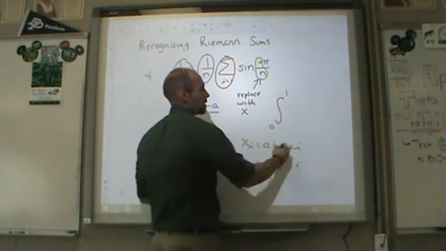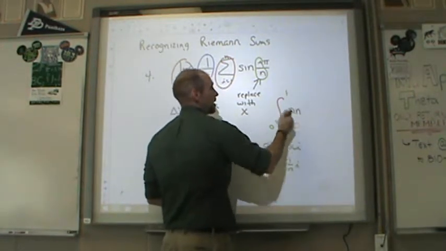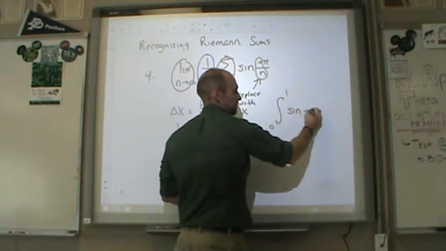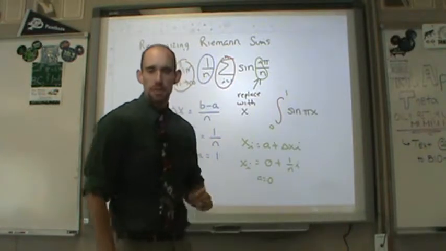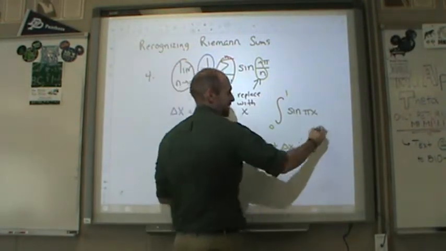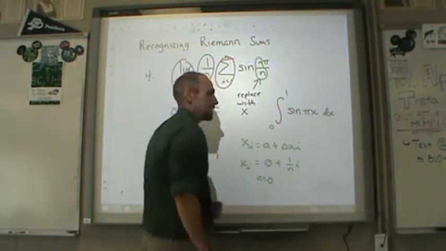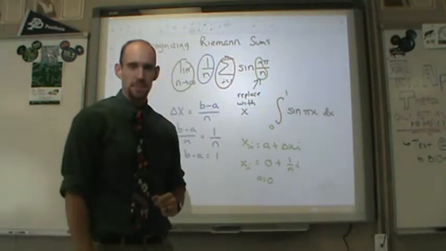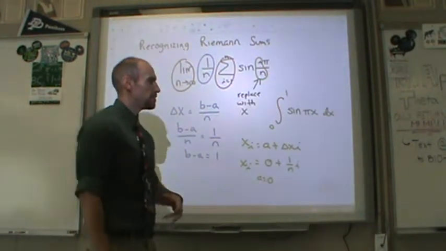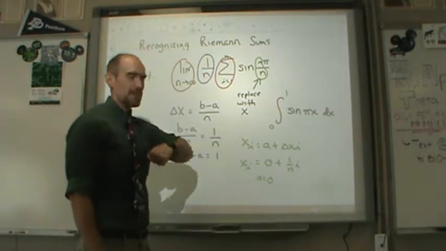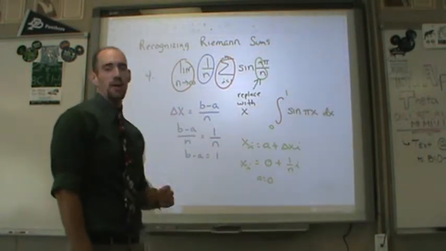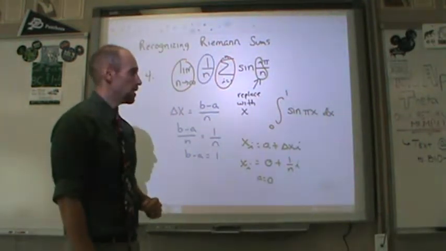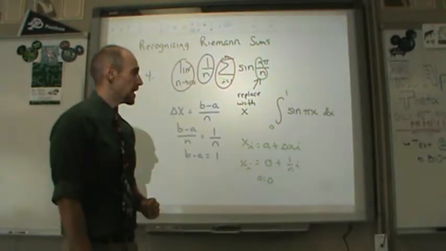So this is actually going to be sine pi x dx. Sorry, the bell rang. Okay? So this gives me the integral from 0 to 1 of sine of pi x dx as my definite integral. Now we can go ahead and evaluate this definite integral using the techniques we've learned in class.